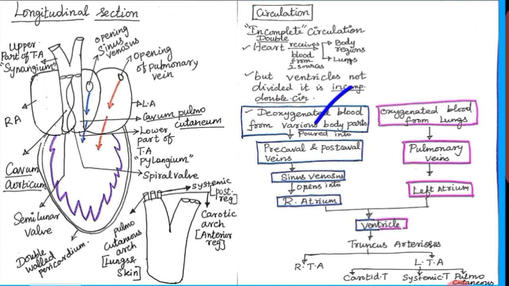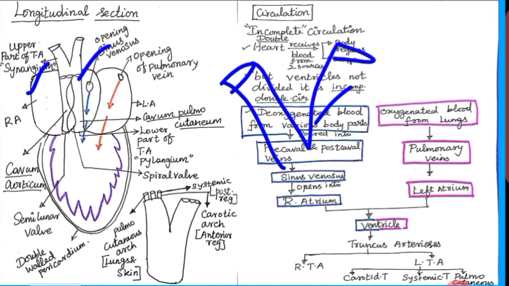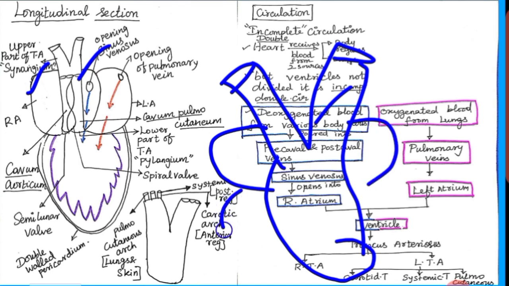Deoxygenated blood from various parts of the body is received by precaval vein and postcaval vein. Now we completed the dorsal surface of the heart, the triangular chambered part, that is sinus venosus.